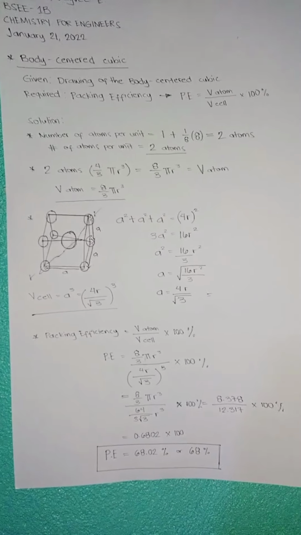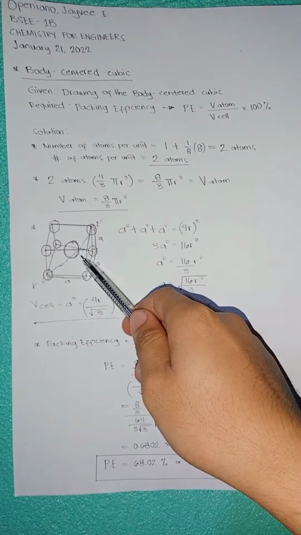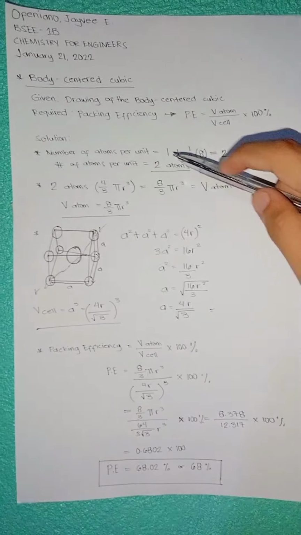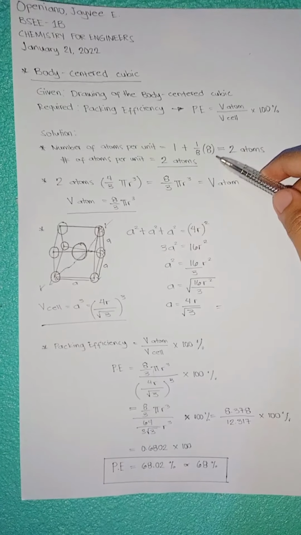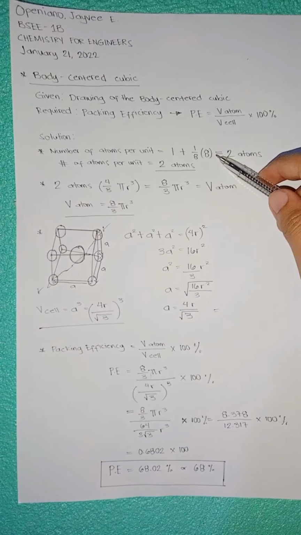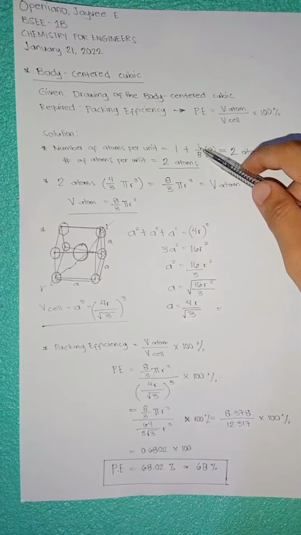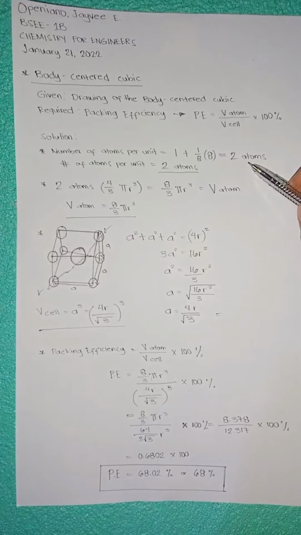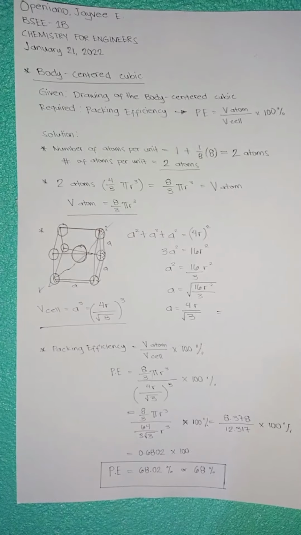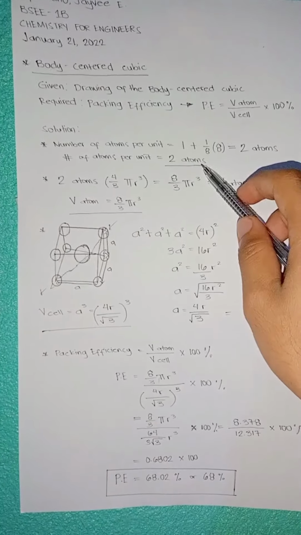In body-centered cubic, we have 1 center atom. So let's put 1 plus the corner atoms. We have 8 corner atoms times 1 over 8, which is equal to 1. So 1 plus 1 is equal to 2 atoms. The number of atoms per unit cell is 2 atoms.